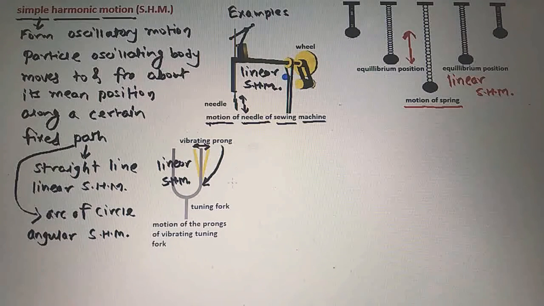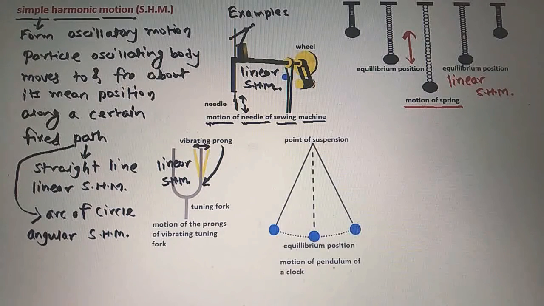Now we will see the next example, the motion of the pendulum of a clock. When the pendulum moves to and fro about its equilibrium position, the path along which it moves to and fro is an arc of a circle. Because of that, the motion of a pendulum is angular simple harmonic motion.